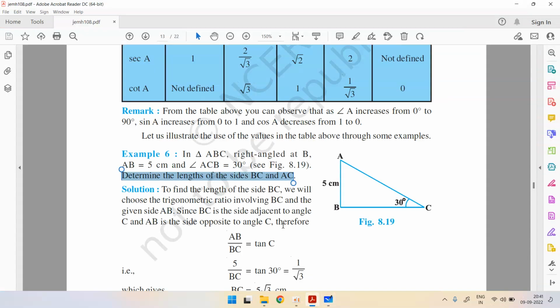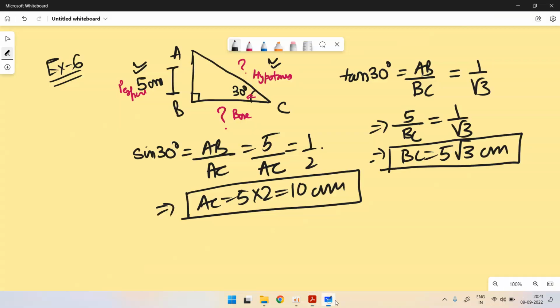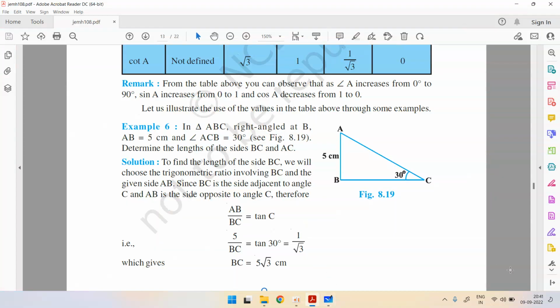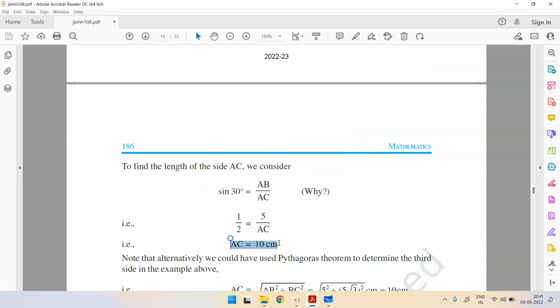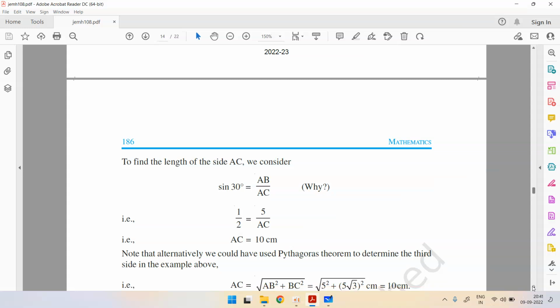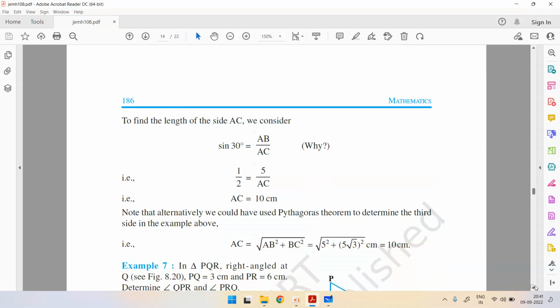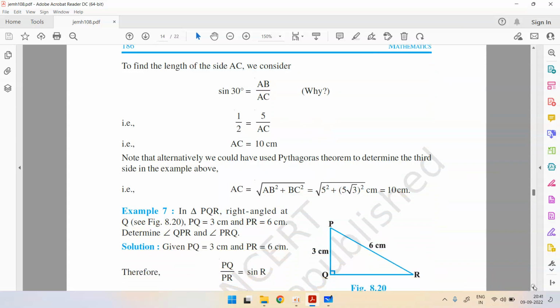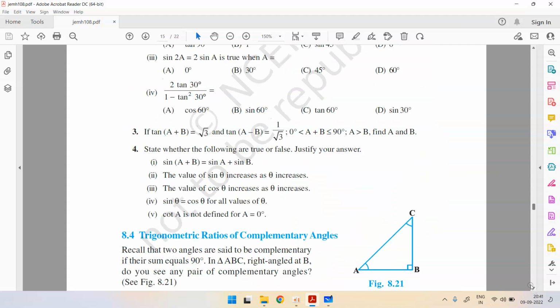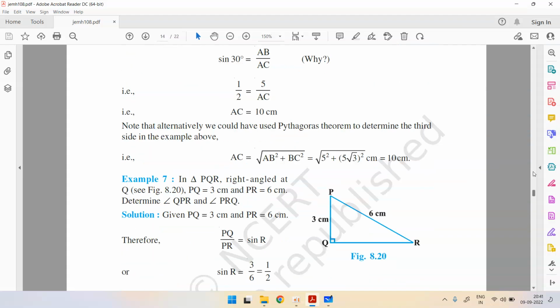This is your answer. BC is 5 root 3, and this is your 10 centimeters. Even though the Pythagoras method can be used, it is a little lengthy, and there are chances of making mistakes.